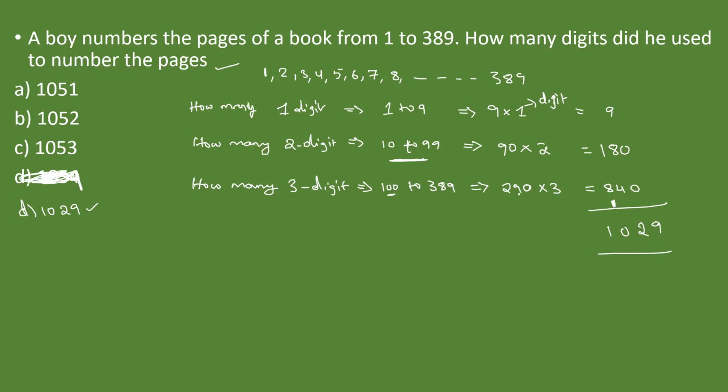Is it correct or not? Let me check. 29 threes, so 87. Sorry. As I have told you already, there is some problem in the options.